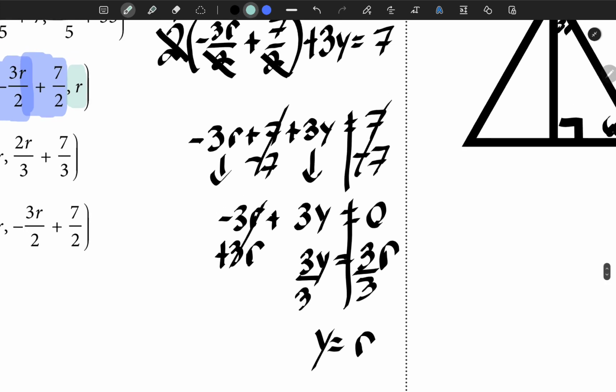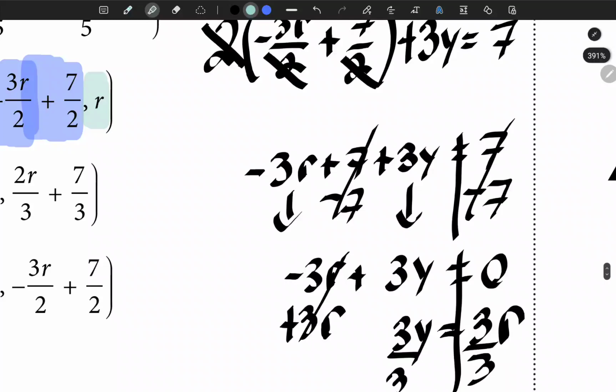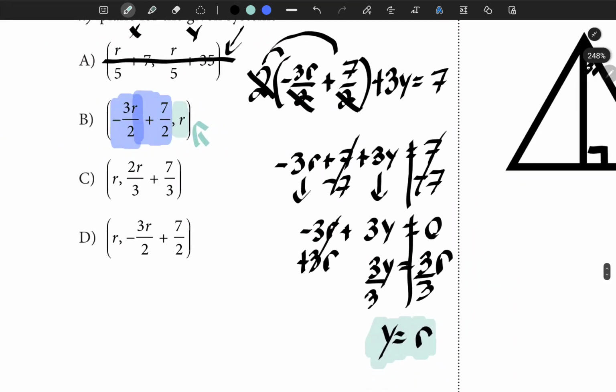If you can actually see your problem over here, what did we say y was going to have to equal? r. So we can tell that my answer is actually B, and we don't have to plug in anything else.